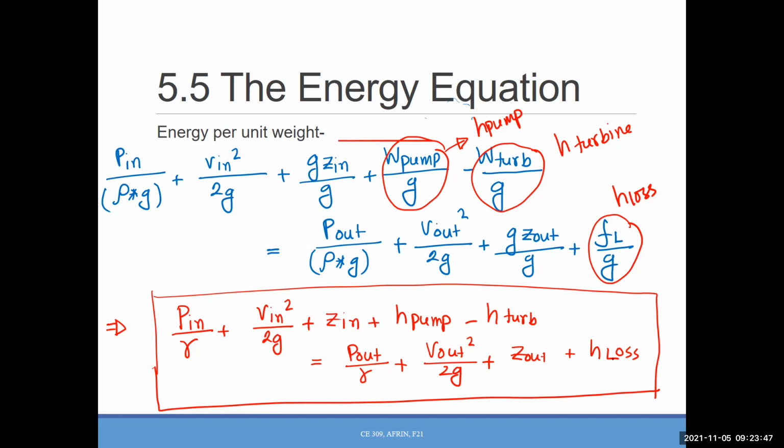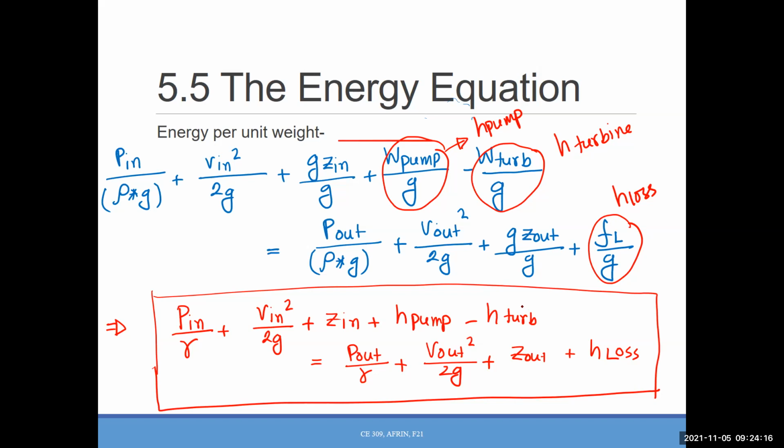Now, two things here. Are you seeing we are adding the energy for the pump, but we are subtracting the energy for the turbine? That's because the function of a turbine is to take the energy from the flow and convert it into something else. A very good example is a hydroelectric power plant. So in a hydroelectric power plant, what usually happens?